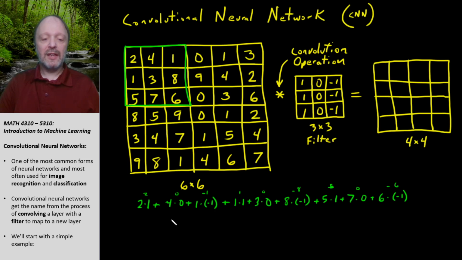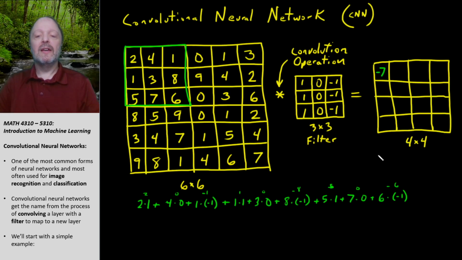So if I add all these together, I get 2 plus 0 plus -1, which gives me a +1. Plus 1 is 2. Minus 8 is -6. Plus 5 is -1. Plus -6 is -7. So this should be a -7 that gets entered into our resultant matrix over here, our 4x4.